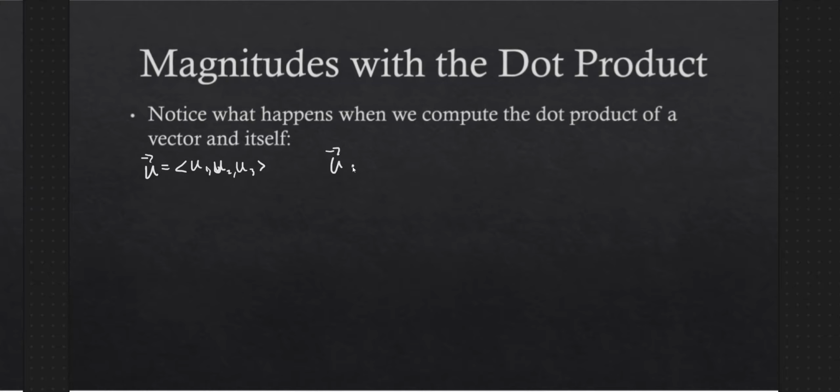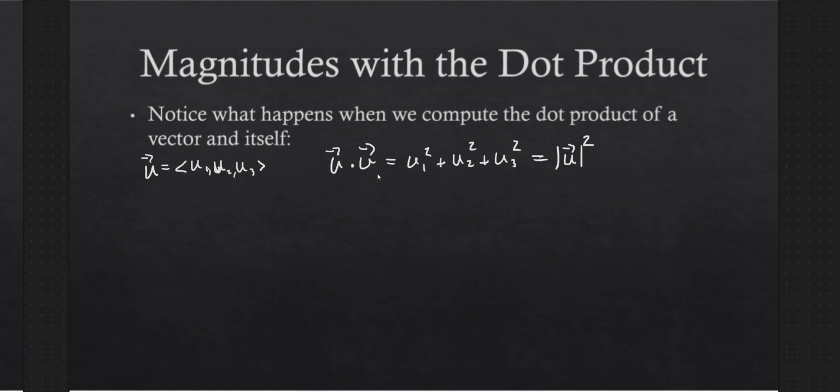Well, then u dot u, as we know, we multiply the components, so I would get u1 squared plus u2 squared plus u3 squared. And you should recognize this as the square of the magnitude of u. This is the same as magnitude u squared.